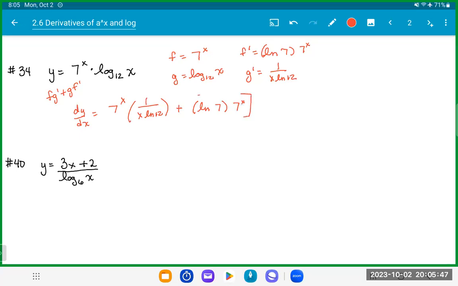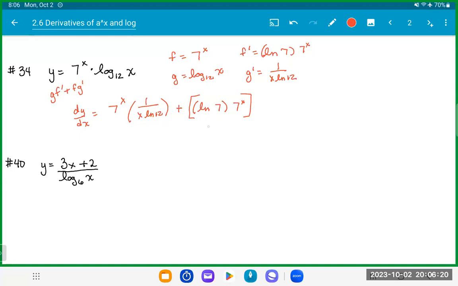plus ln of 7 times 7 to the x. Actually, I put the f prime first, so I wrote this backwards. I just did g f prime plus f g prime, which is fine. Because it's addition, it doesn't matter which pair you put first.